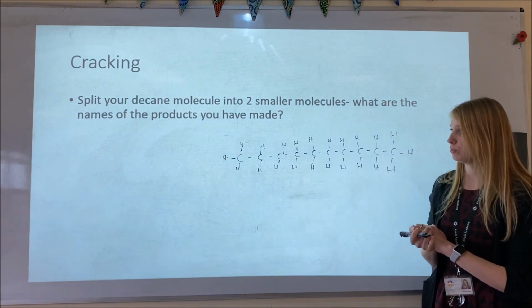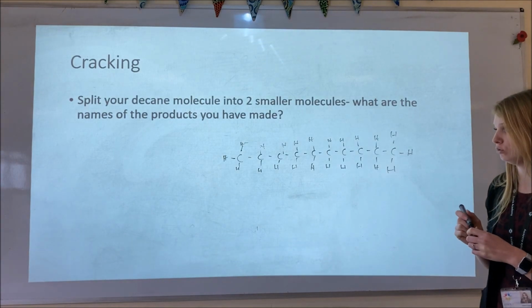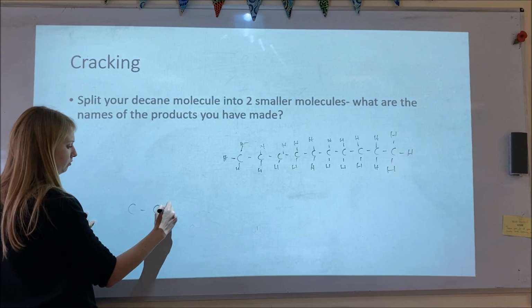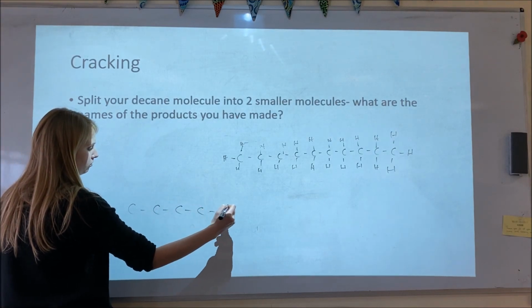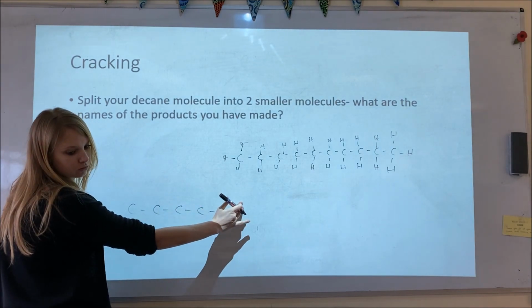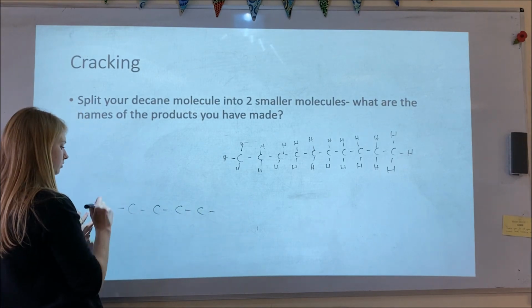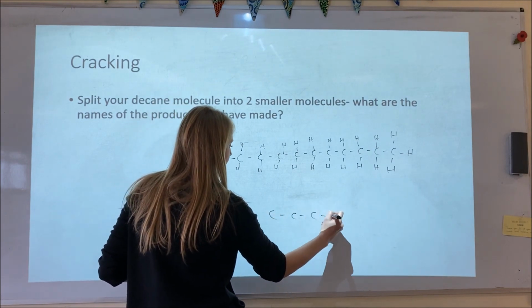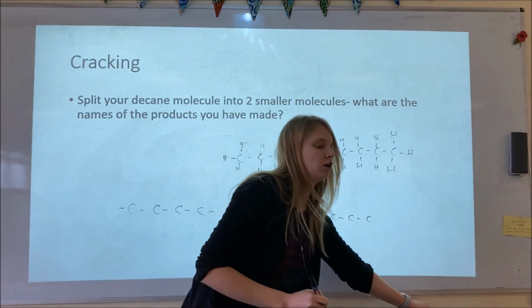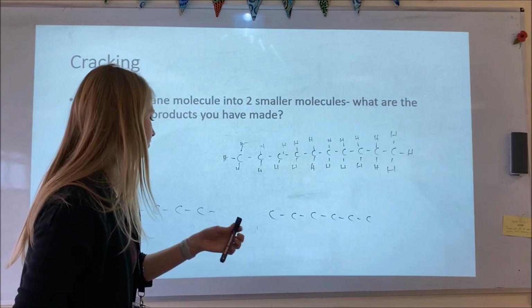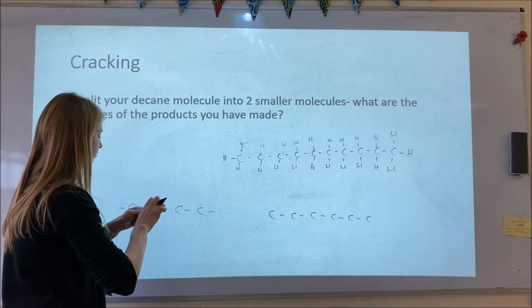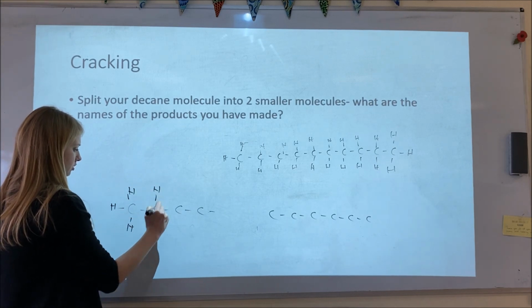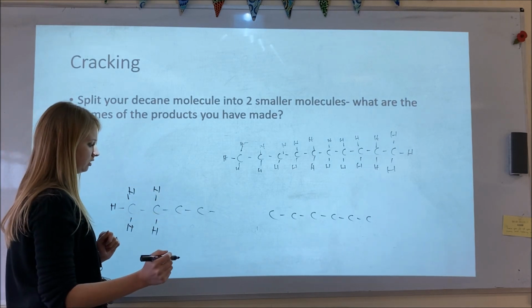I'm going to split my decane molecule into four carbons on one side, 6 carbons on the other side. Now I will draw my hydrogens on each side.